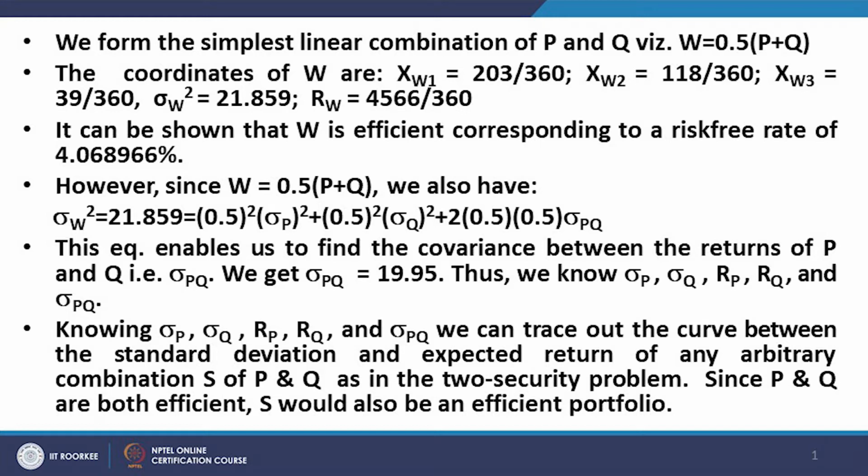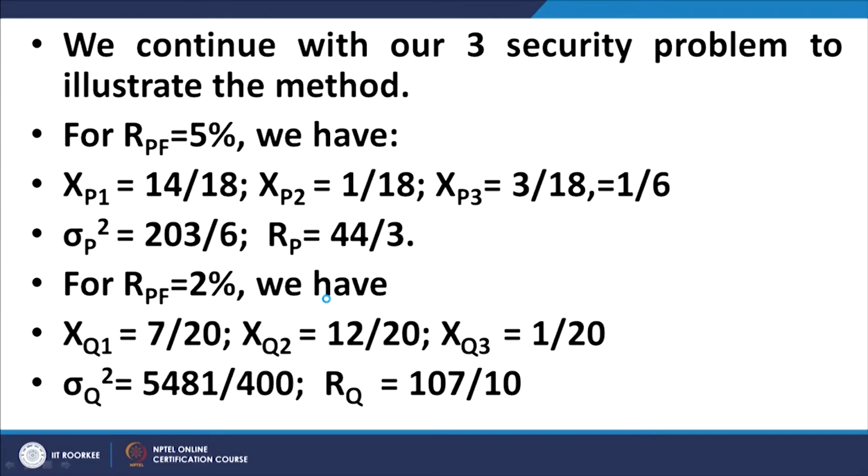So, we now have sigma W square, which is already derived as 21.859. We also know sigma P square. What is sigma P square? Sigma P square is 203 upon 6. And what is sigma Q square? Sigma Q square is equal to 5481 upon 400.